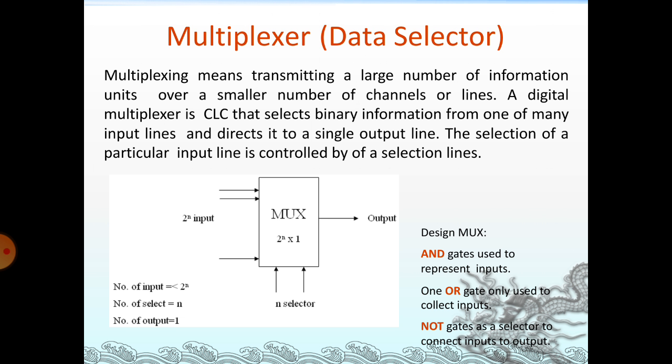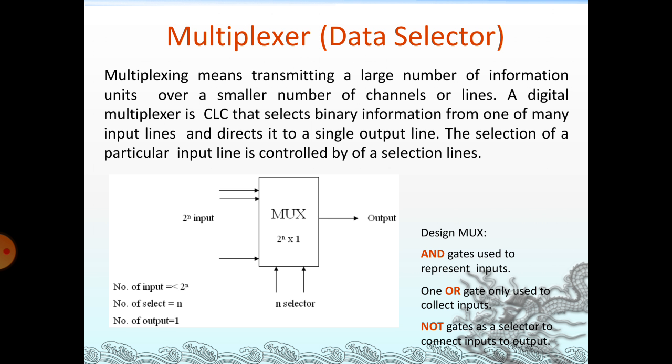This shows a mux, which means multiplexing: 2 power n inputs, 1 output, many into 1. Here we have selection lines S0, S1, 2 power n inputs, and only 1 output. This is the multiplexer.